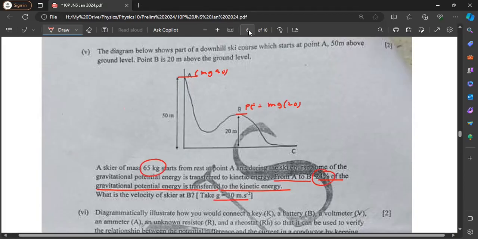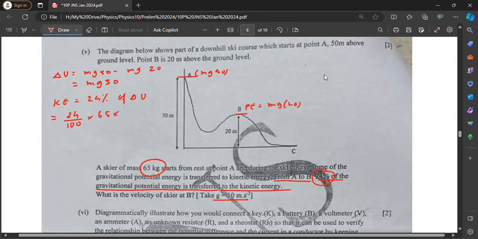So the change in potential energy is mg50 minus mg20, that is equal to mg30. And kinetic energy is 24% of the change in potential, so that is 24 over 100, and this is equal to 65 into 10 into 30.